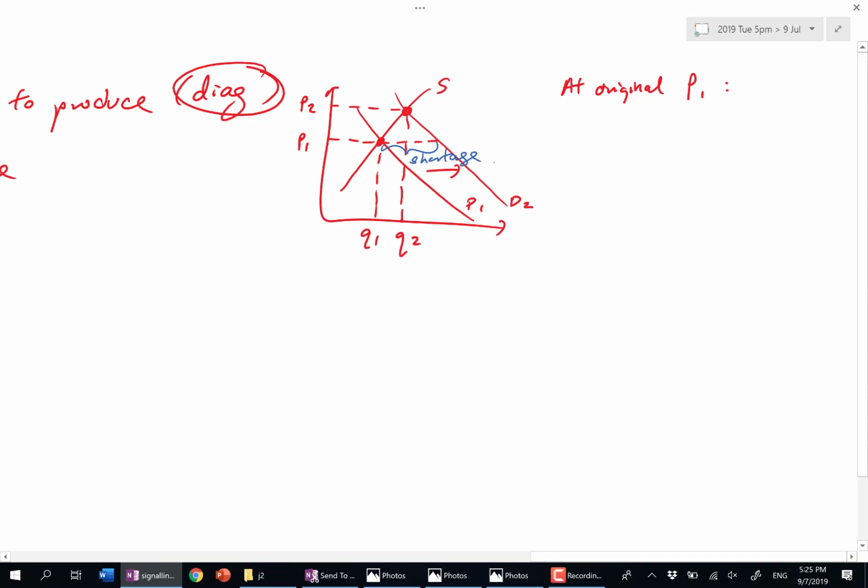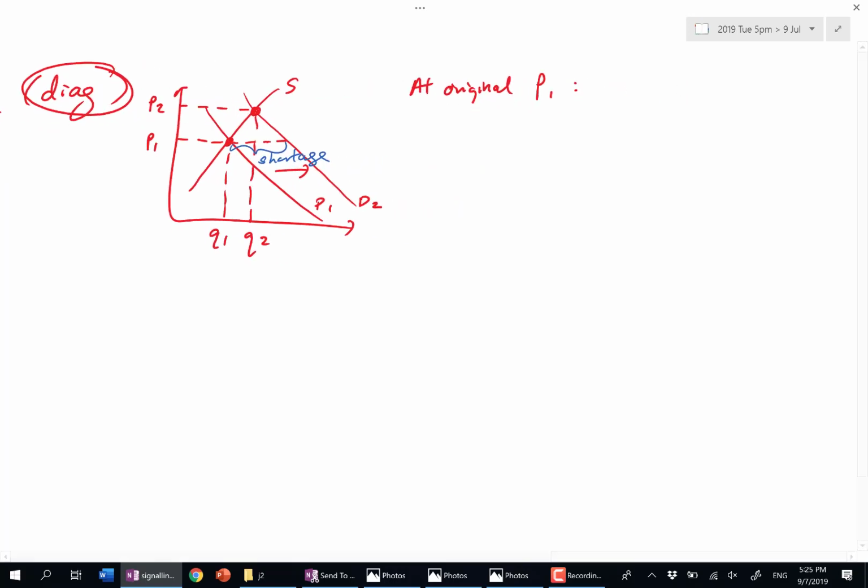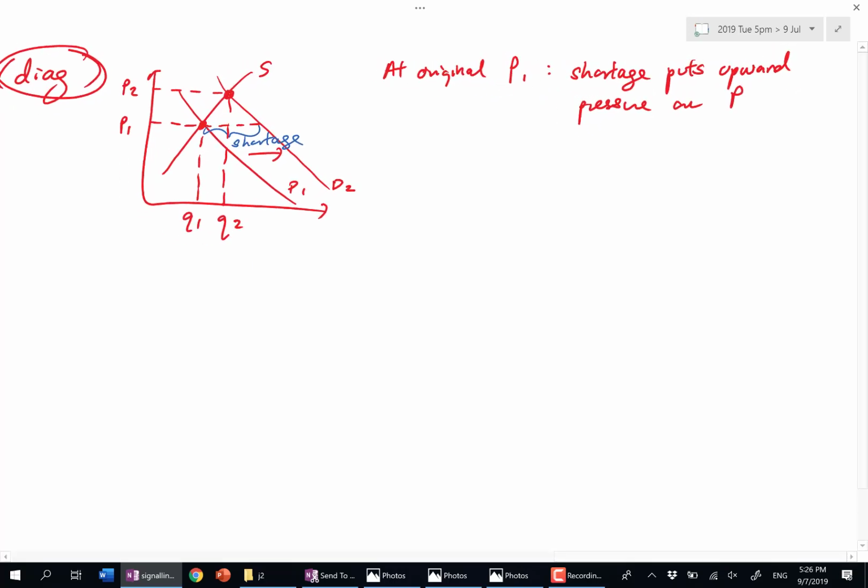So we are just creating an arbitrary shift in demand curve. You can give an example. If people become more affluent, they want to buy more cars, demand goes up. So you have a shortage, which puts upward pressure on price. And it's not very hard because the moment there's upward pressure on price, this is your signaling effect.